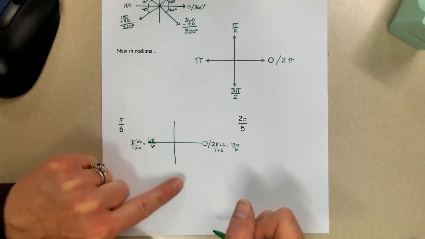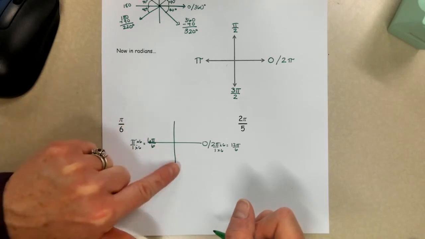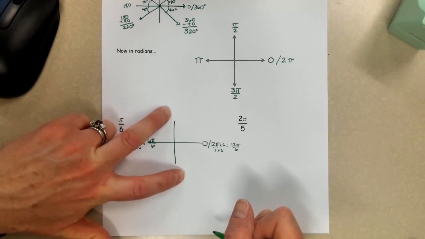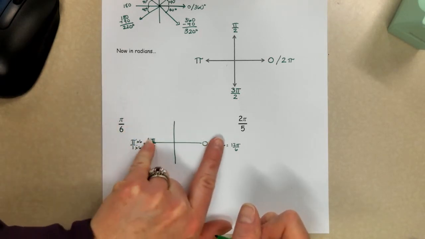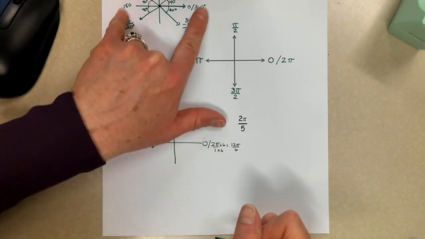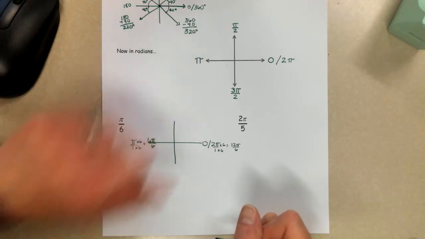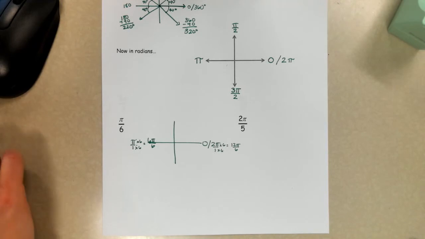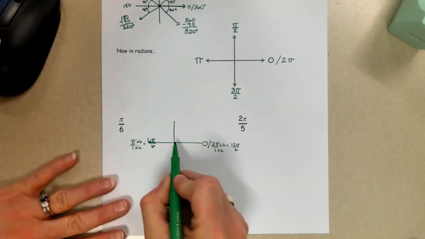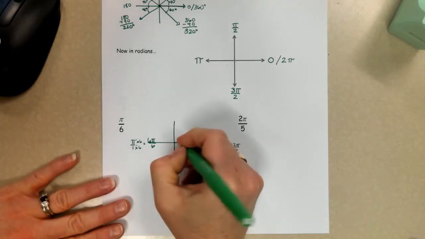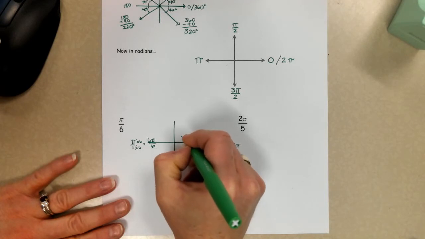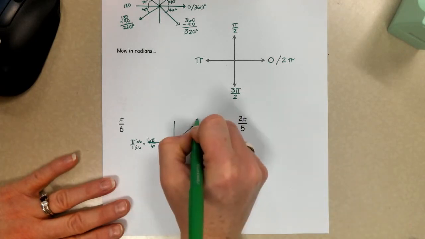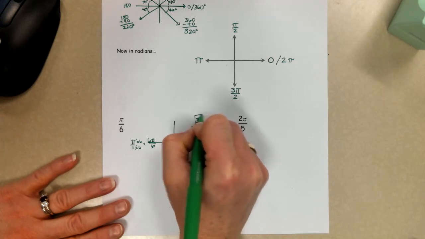We don't need the pi over 2 and the 3 pi over 2 because we're working with reference angles. So we're just going to be working with 180 and 360 and 0. Okay, so if we are pi over 6 away from 0, we know that we are 0 plus pi over 6. Pi over 6 would be one of our answers.